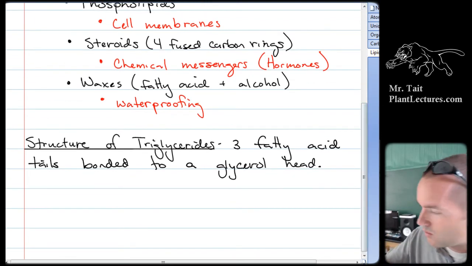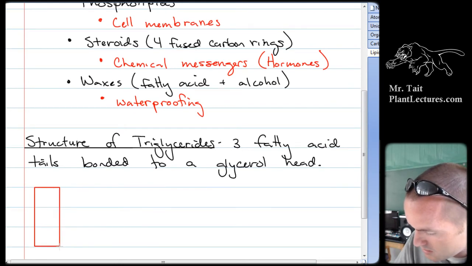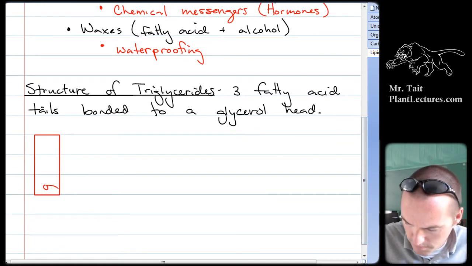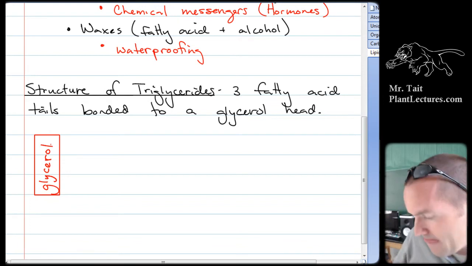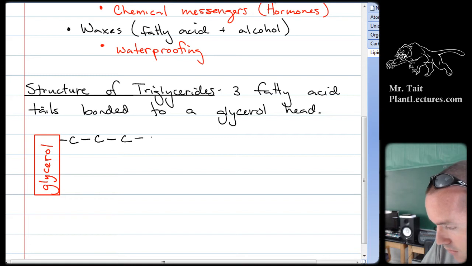Okay, so we're going to draw the glycerol head here. We're just going to draw it as a box. Glycerol is a decently large molecule in itself. And then coming off this glycerol head we're going to have 3 fatty acid tails, and these fatty acid tails can be very long, like 40 or 50 carbons.